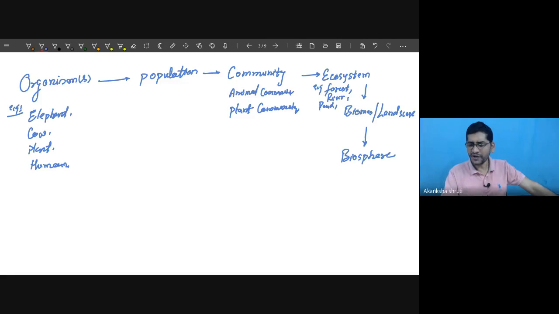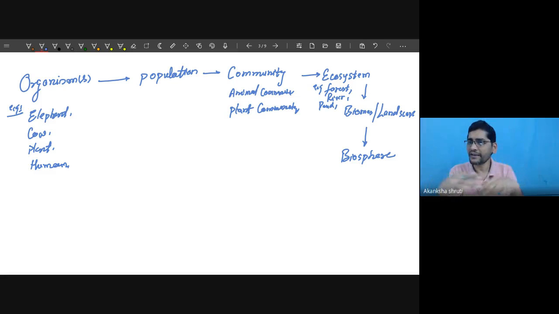Now a large number of ecosystems combine to form the biome or landscape. Example, we have learned about the temperate region and many more kinds of zoning of our earth. So that bigger area which contains a large number of ecosystems is forming a landscape.